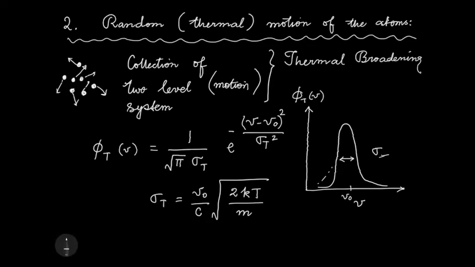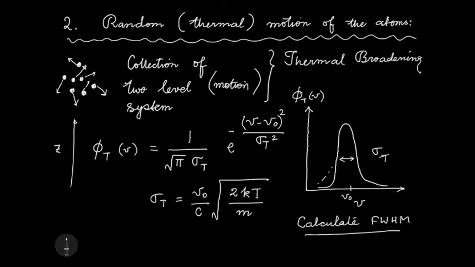And the width is given by sigma T. So also calculate the FWHM here. So this is the second homework. Okay, so that's about thermal broadening.